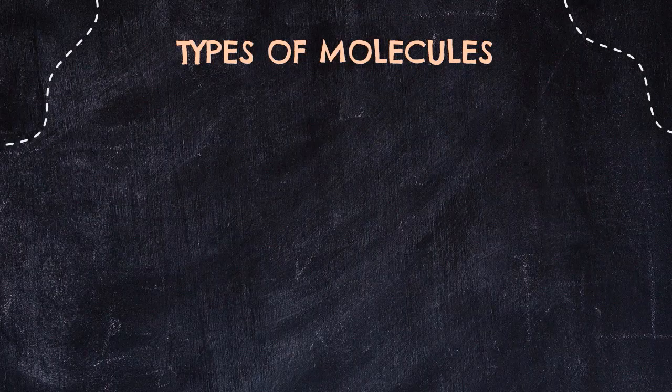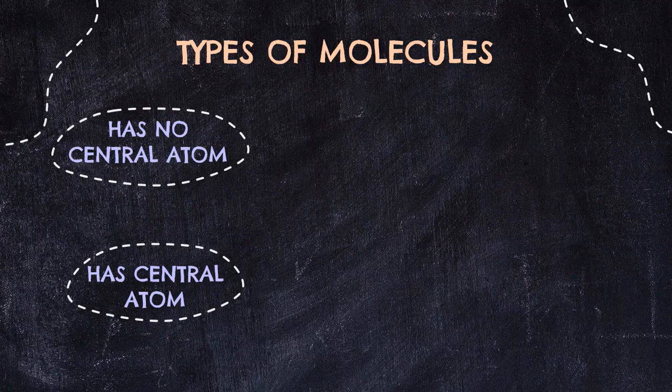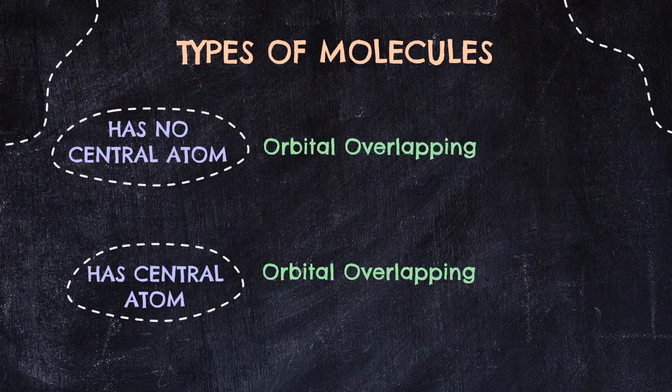Once you have known the two modes of overlapping, we will look at the types of molecules you're going to encounter. So we have molecules with no central atom and molecules with a central atom. All molecules formed are going to have covalent bonds in them, hence there will always be orbital overlapping.